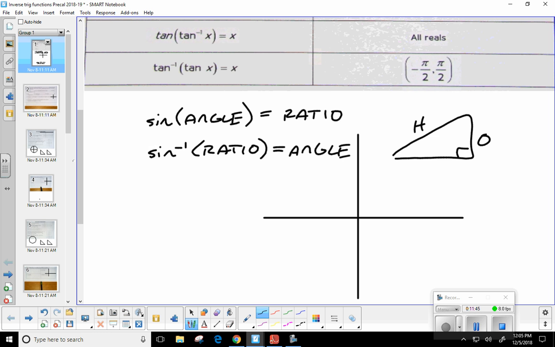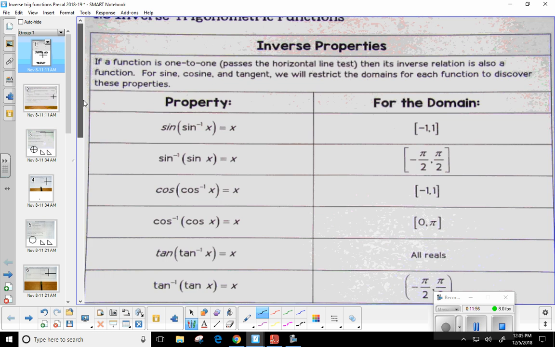The only thing about the inverse trig functions is that they're very particular about what values they like and what values they don't. And that's why we have this information right here. These are properties, and we're going to see as we go along what the ratios are allowed to be and what the angle measures are allowed to be, because you're going to have restrictions on these. Now, these are compositions, if you take a trig function and work it with its inverse.